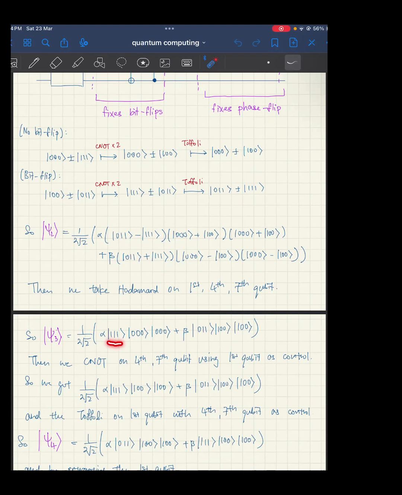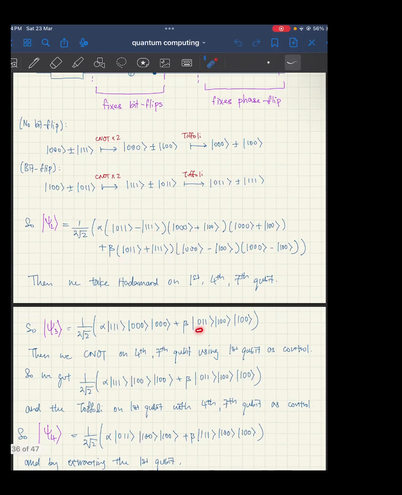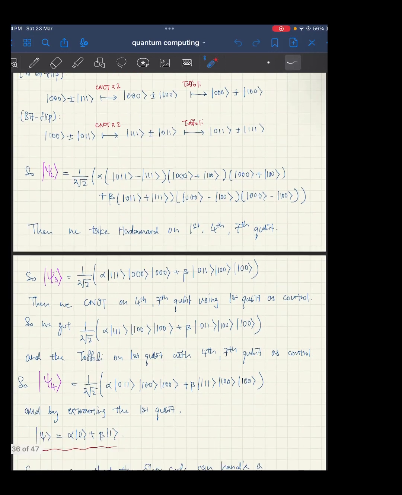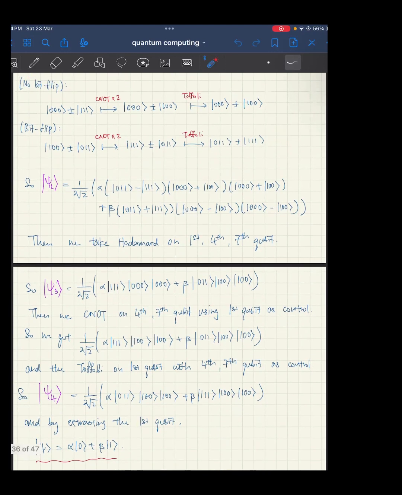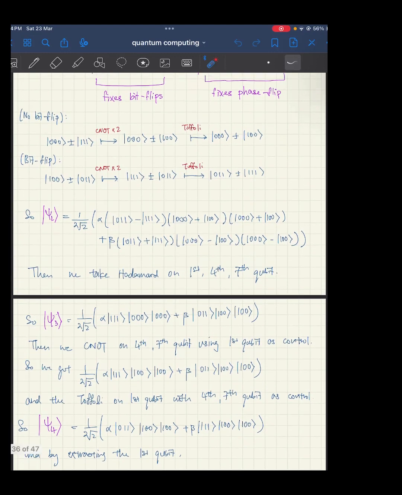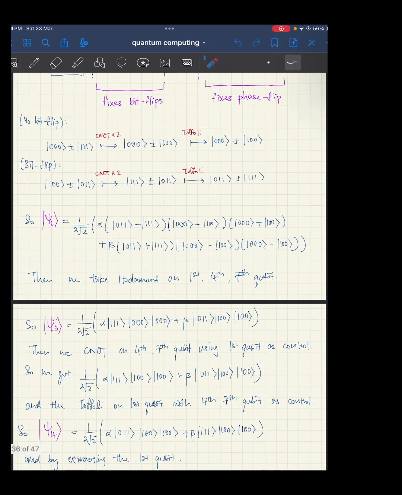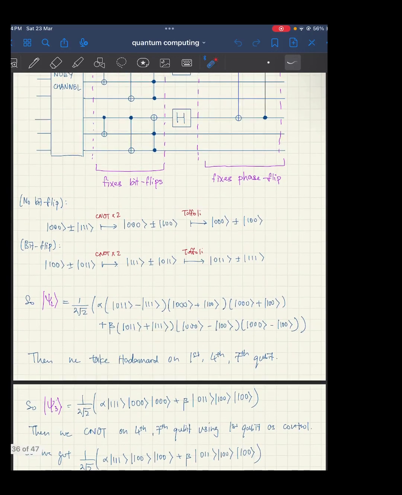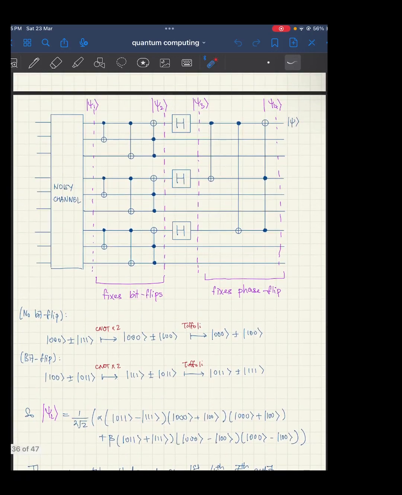So this will give us 1, 1, 1. And for the bottom, it's 0 plus 1 on the first qubit, so we get 0 when we do Hadamard. So psi 3 is this. And now we will do C0 on the fourth and seventh qubit using the first qubit over here.